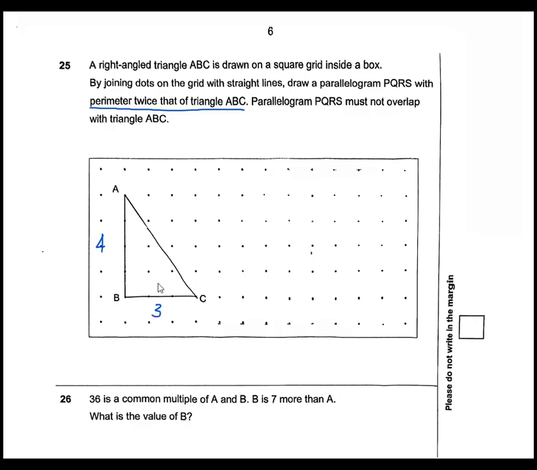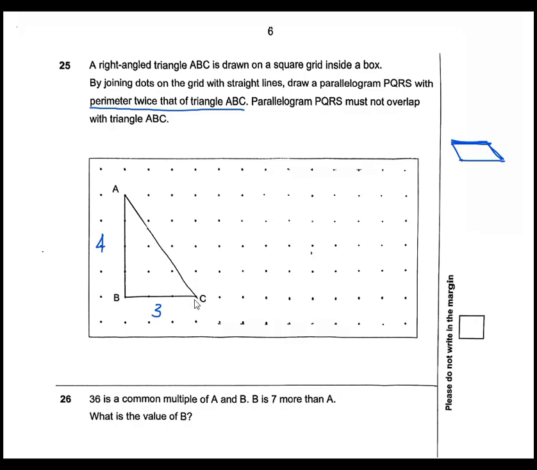Now, it's not so straightforward to find the length of AC. But let us see if this is how a parallelogram looks. And I want to make sure that the perimeter of the parallelogram is twice that of this. Now, AC is one side.